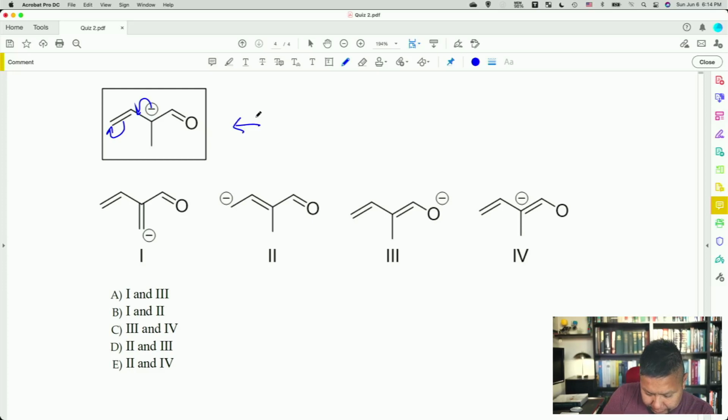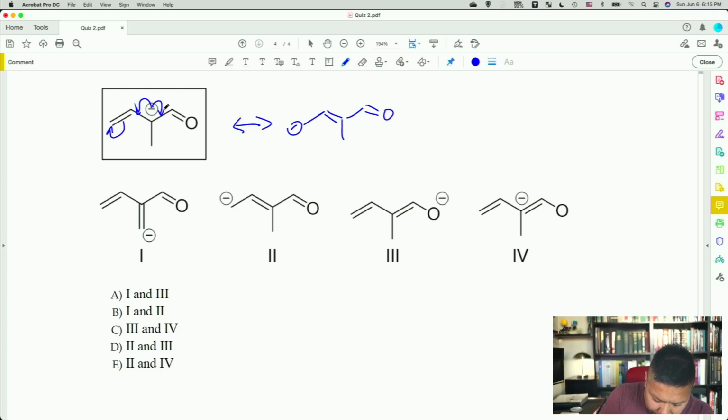So one structure will look like this. Right? And then this same carbon anion can come down here and form a bond there.